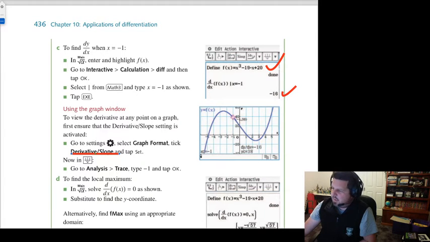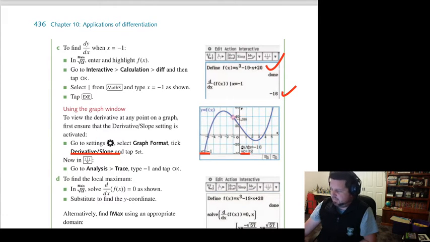And what happens is, rather than just having the x and the y coordinate, it puts up this little dy/dx, or the derivative at any particular point. What you can do is go to analysis and trace, and you can go to -1 on your calculator by tracing and typing -1. It will go there, and it will tell you on the screen here what the derivative is at that particular point. So you can see it's at -16. So that's useful to know as well.